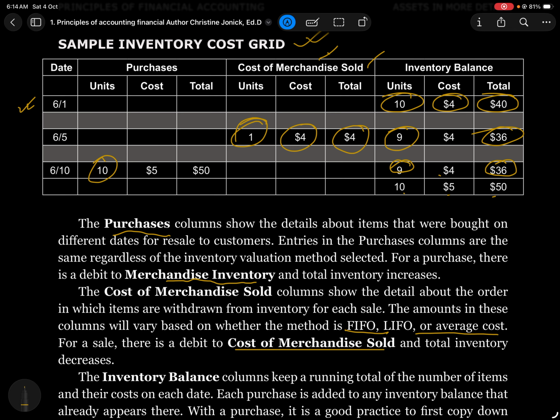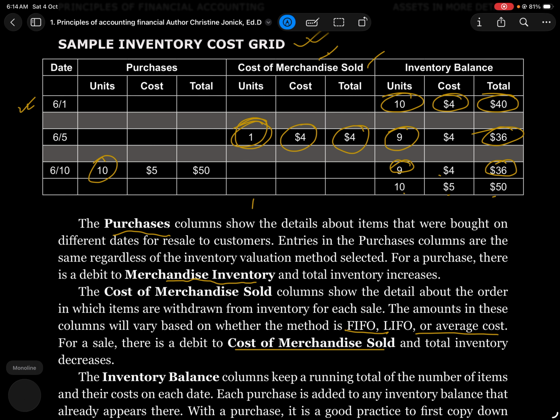Over here it seems like we are simply using 4, but suppose we sell another 1 unit and we keep it as 4, then that would be the FIFO method, right? But if we were to do average costing, what would happen?